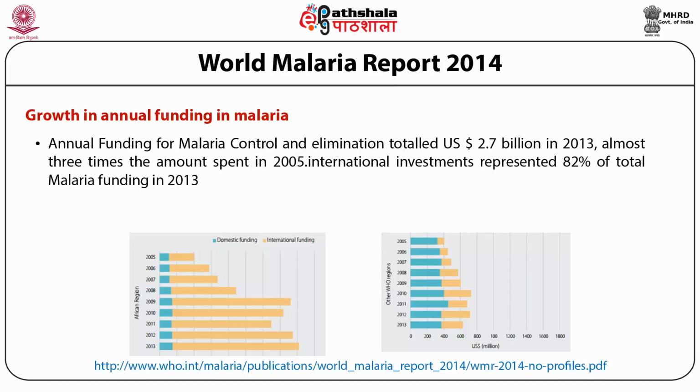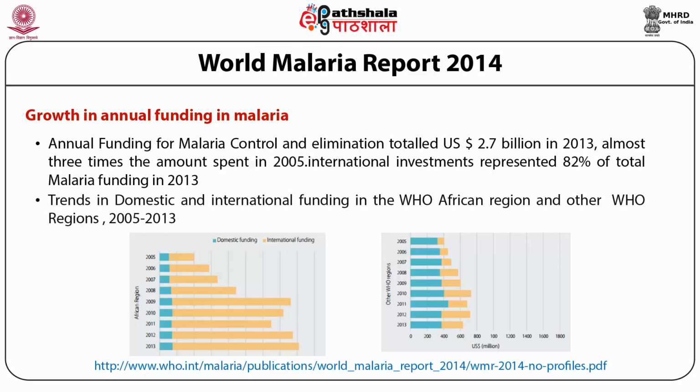Funding investment has been greatest in the highest malaria burden region, which is the WHO African region. All these statistics are shown here, where we can see the domestic funding is less while the international funding is of a higher magnitude.